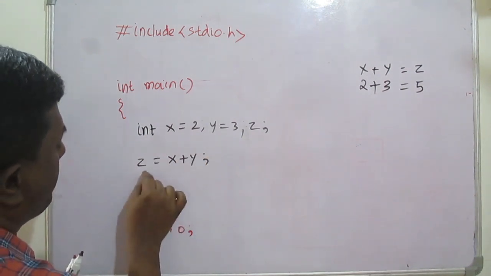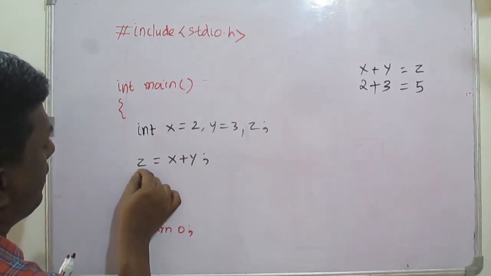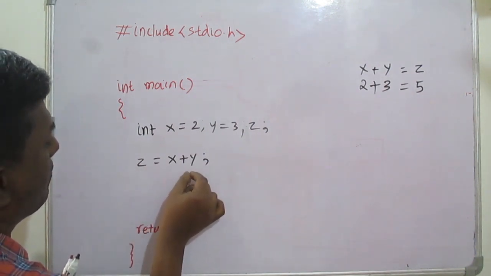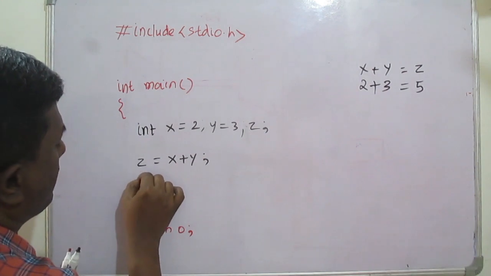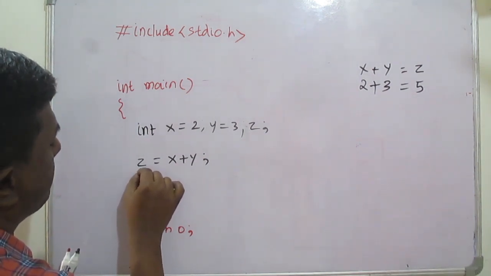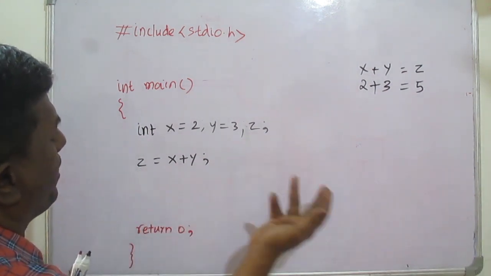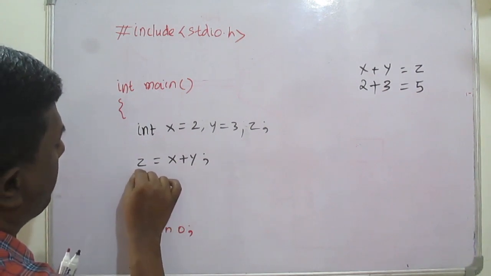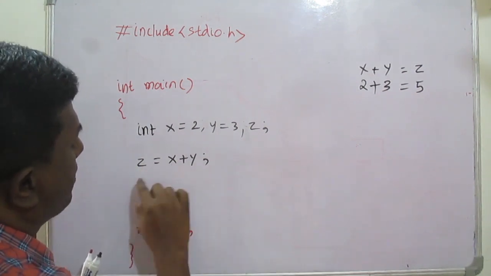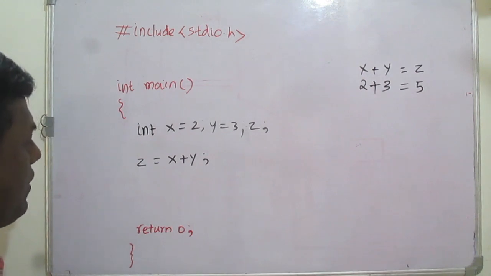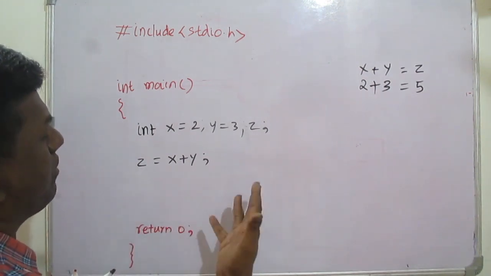So now okay, in the variable we have assigned the value. Then now this has to be displayed. This value should come on the display screen. For that we have to write one printf statement.